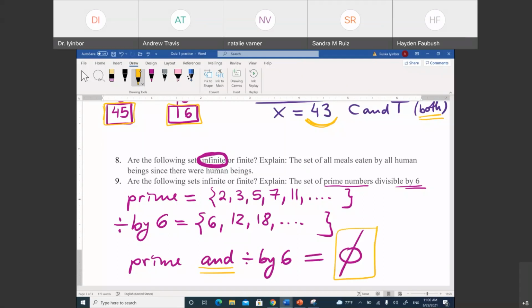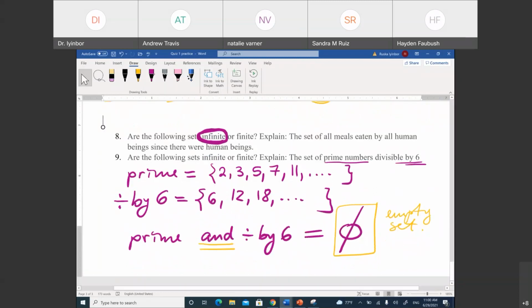It's the empty set. Now, is it finite or infinite? Finite. Yes, it's a finite set. Because the cardinality of the empty set is what? 0.